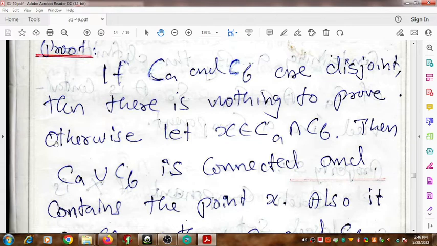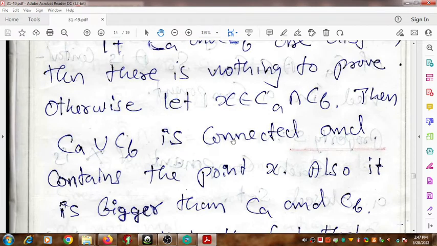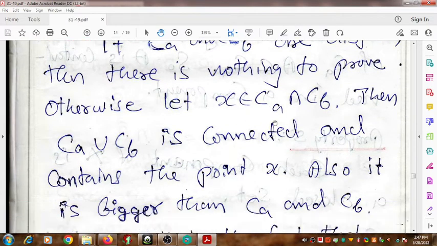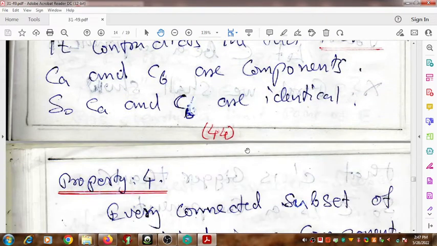In the second case we assumed that there exists some point common to CA and CB, and that is the reason we got that contradiction. So we have to correct that statement: there does not exist any point which is common to CA and CB. That means CA and CB are completely disjoint.